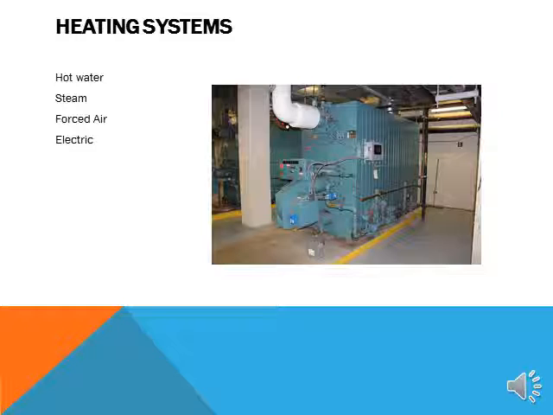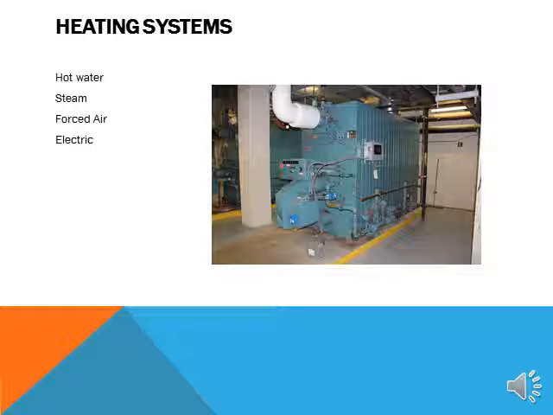Heating systems. Every structure or building needs a method to maintain temperature and comfort during the winter or when the weather is cold outside. These heating systems use hot water, steam, forced air, or electric.